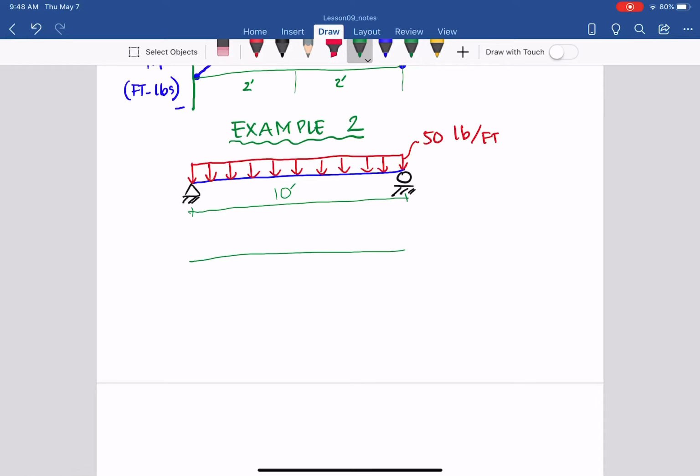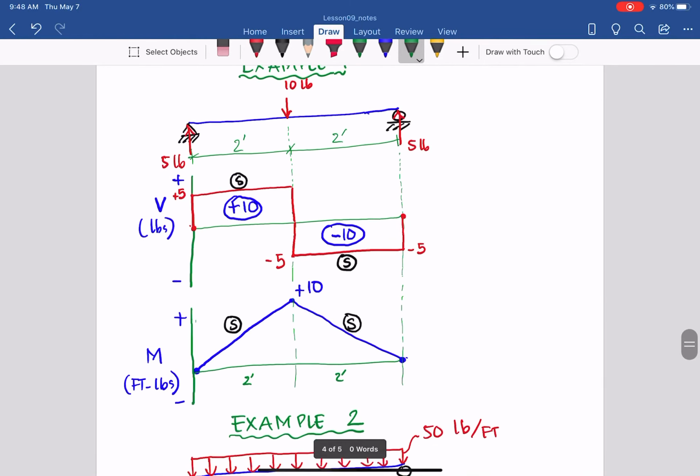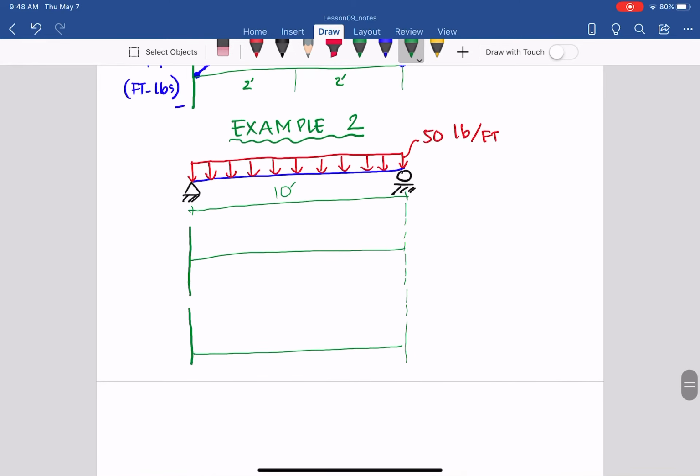So here we have the shear and the moment diagram. And we have the right side, and no change from left to right, so we don't need the middle point that we had in the first example when you had the load in the middle.